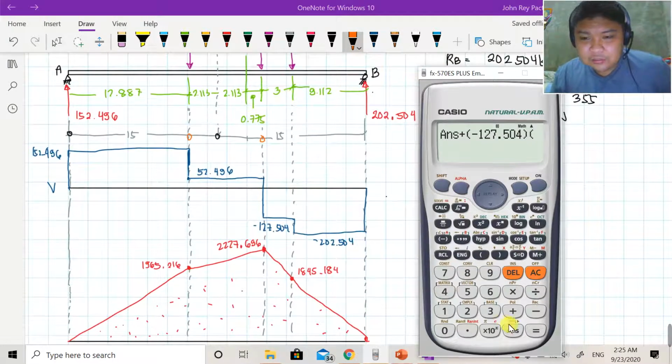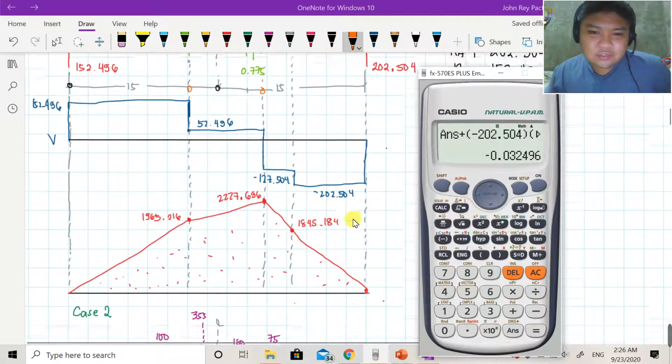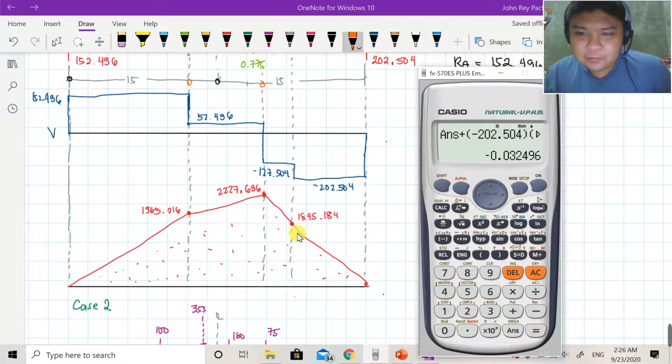Or the width of our rectangle is 3 meters. So, 1845.184. Lastly, negative 202.504 times 9.112. Our answer is negative 0.032496. However, you already understand the concept of the moment diagram that it should enclose here.